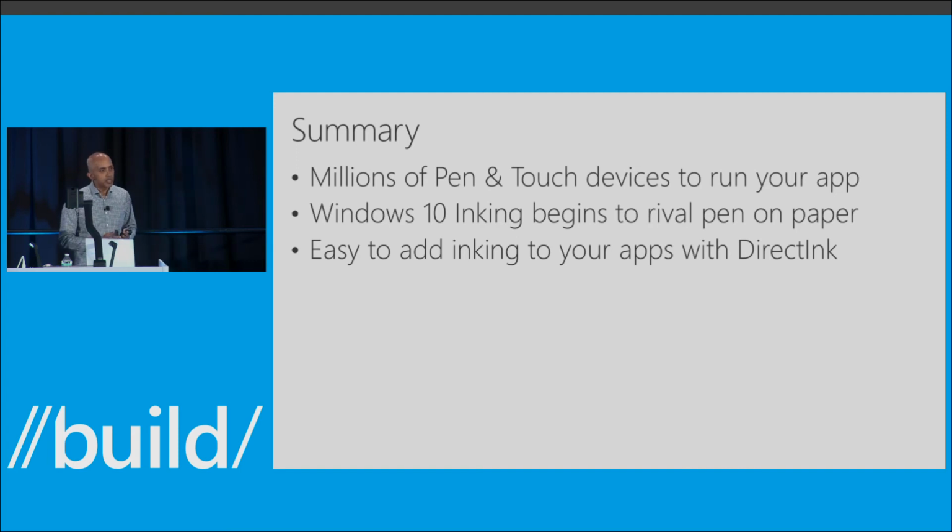With Windows 10, the new Ink platform is built from the ground up to start rivaling the pen on paper experience. The smooth ink demo you saw and the inking in the apps that I showed, hopefully gave you a good idea of the capabilities. Finally, the DirectInk API makes it really easy to start building inking functionality in your apps.